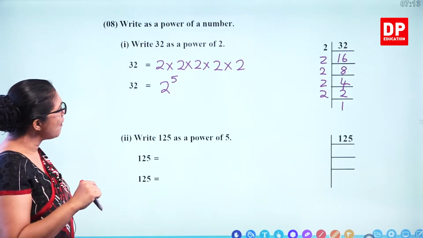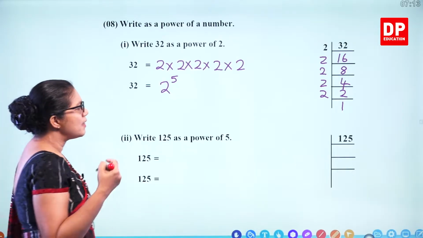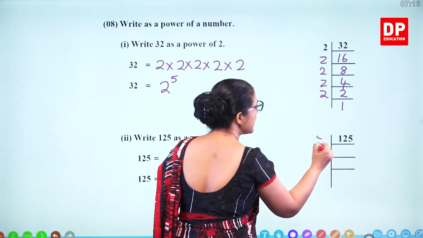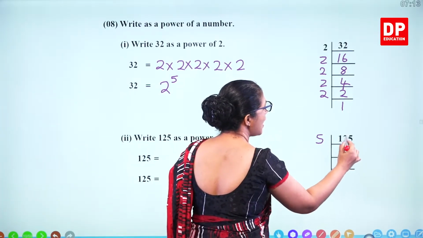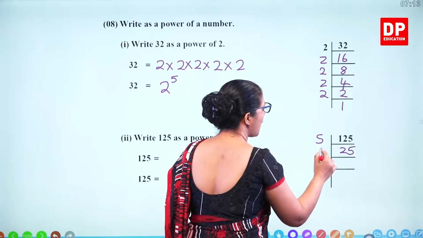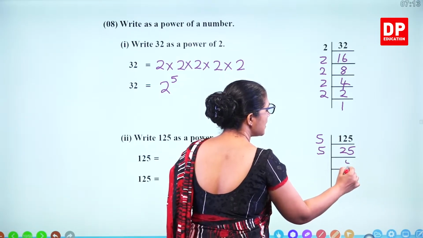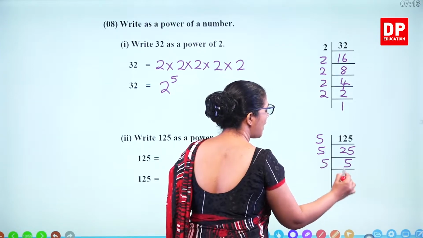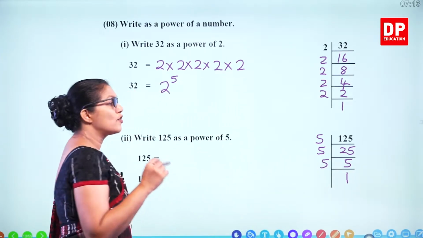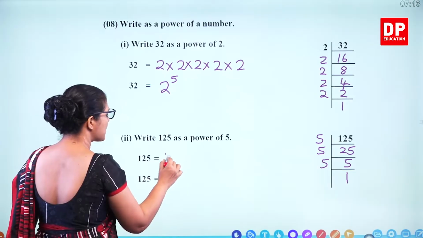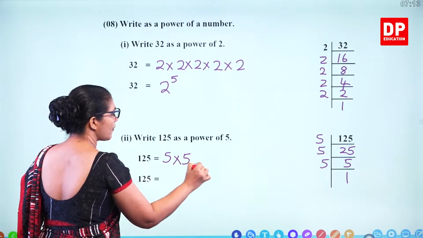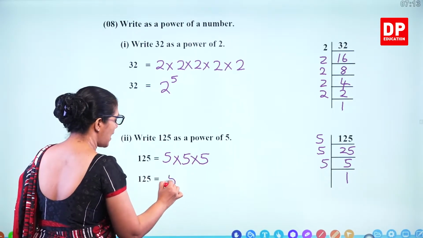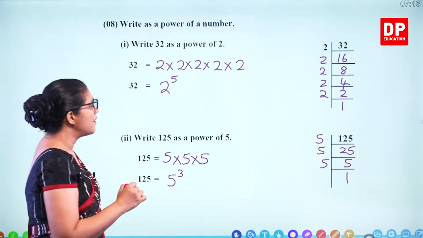Write 125 as a power of 5. Then we divide by 5 and see. 5 times 2 is 10, and for 25, that's 5. Divide by 5 again, you get 5. Divide by 5 again, you get 1. So 5 three times. You can write as 5 to the power of 3.